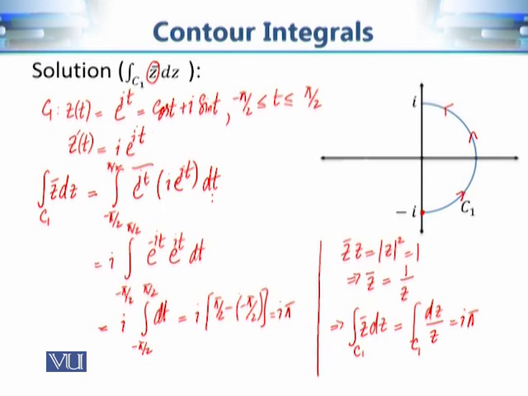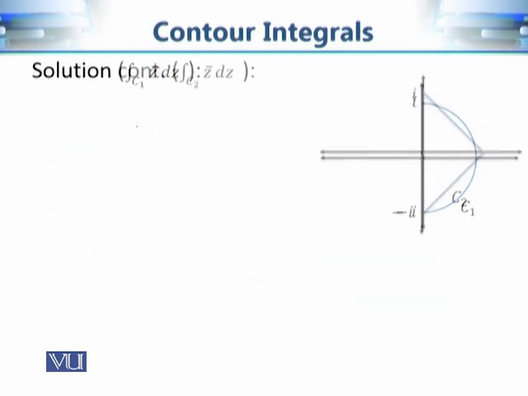Now remember that the answer in this case is iota pi, and of course we want to see what will happen if we integrate the same function along a different contour, but the initial and final points are the same. Once again this contour can be written as a union of two paths, so basically C2 star and C2 double star.